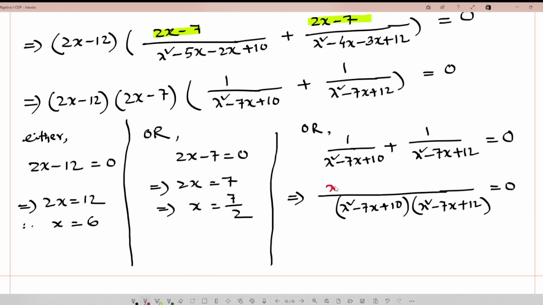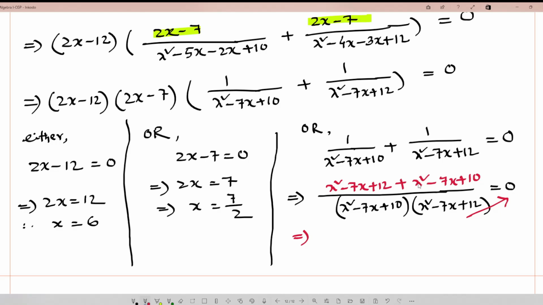So here is x square minus 7x plus 12 plus x square minus 7x plus 10. So in cross multiplication, once we multiply x square minus 7x plus 10 times x square minus 7x plus 12 with 0, it will become 0.